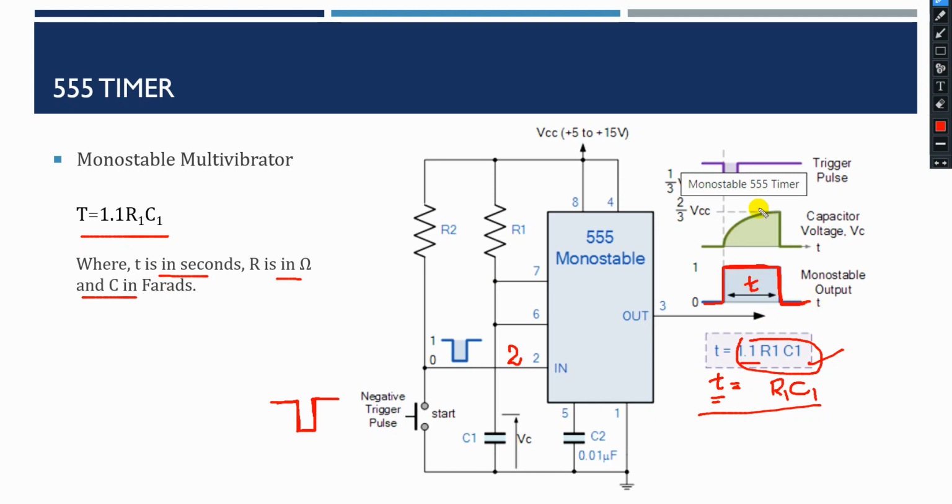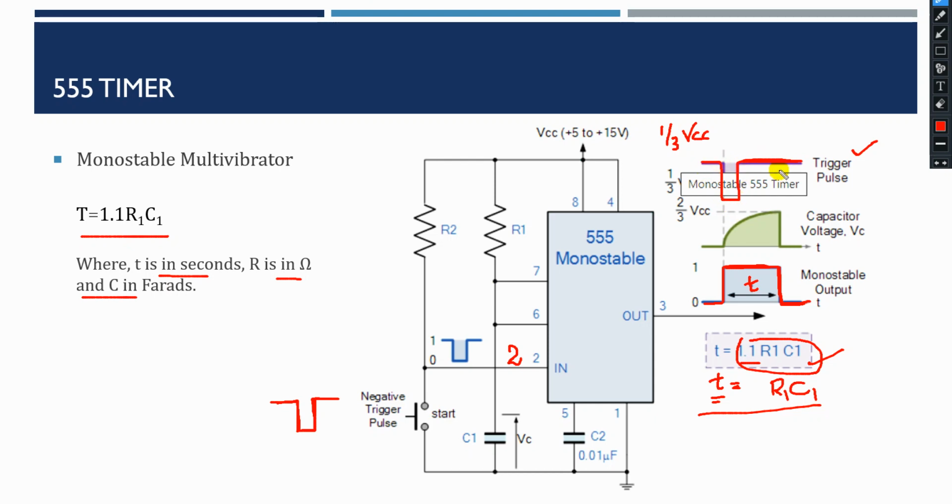So you are able to understand. See properly here. There is a trigger pulse here. For a trigger pulse, the voltage should be greater than 1/3 of VCC. So I am giving a negative pulse. It's a low triggered pulse.